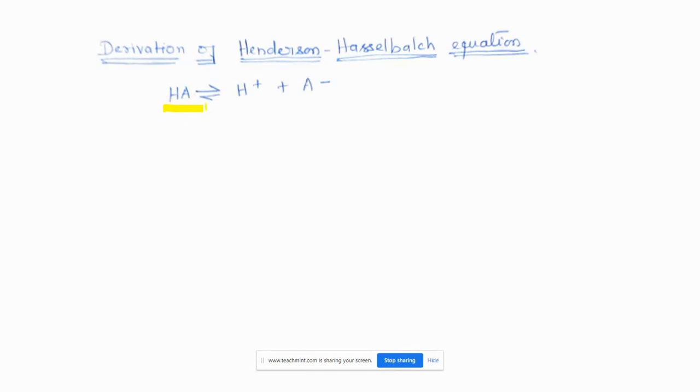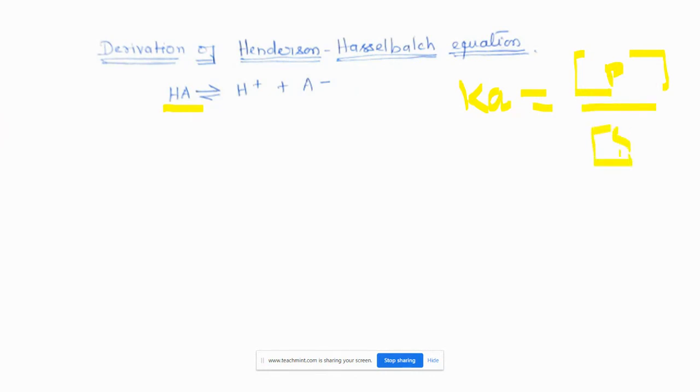This will ionize or dissociate into H plus and A minus. This reaction is known as the ionization reaction or the dissociation reaction. Next, you have to write Ka for this. Already you know, Ka is equal to the concentration of the product divided by the concentration of the substrate.